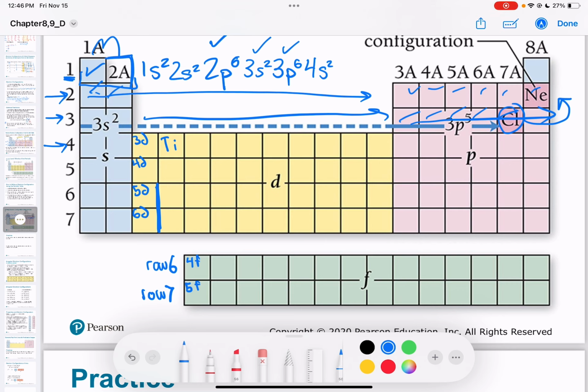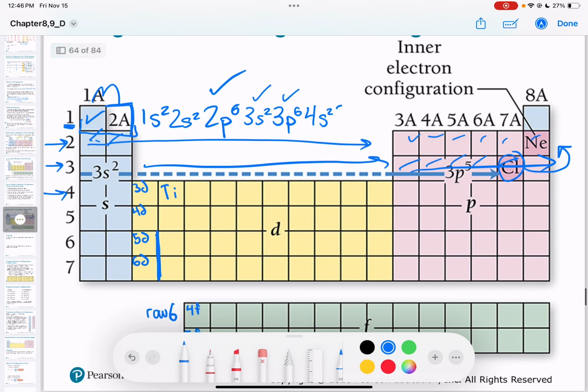It would not make any sense if that was 4D because there are 3D orbitals and they haven't filled yet. So when we do titanium, we say 4s2, 3d2. And that's the electron configuration for titanium.